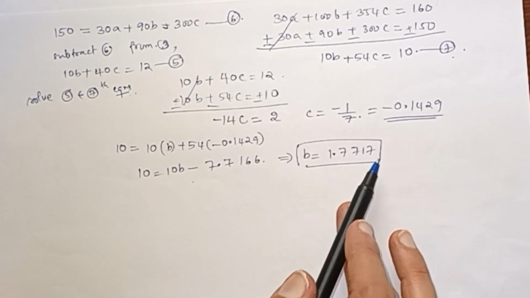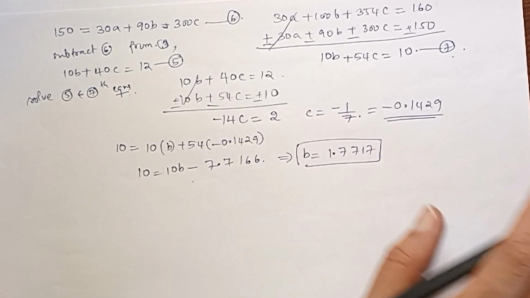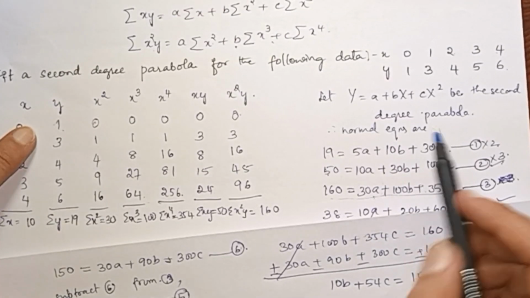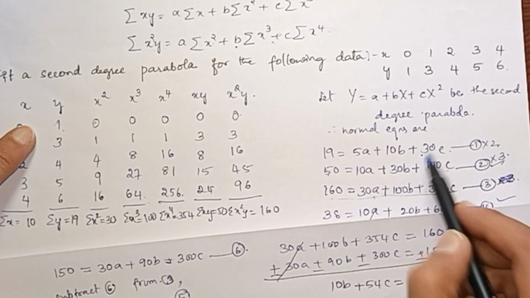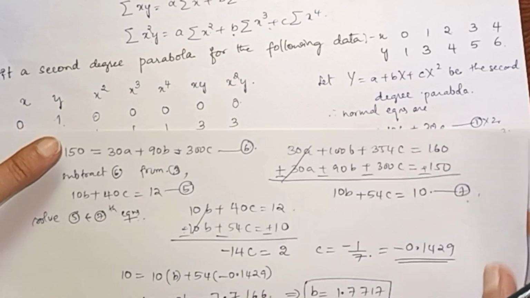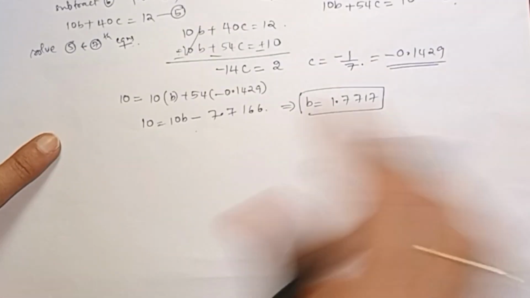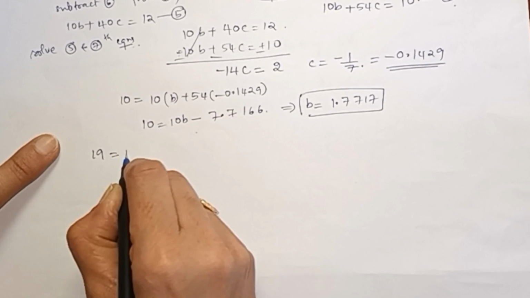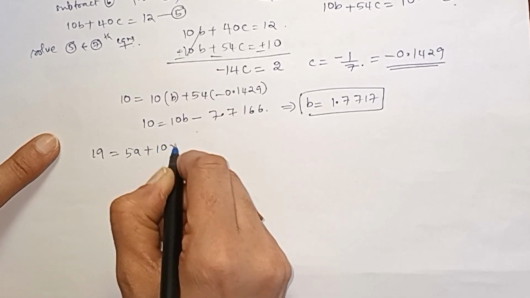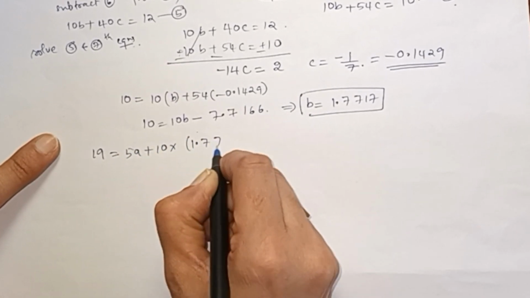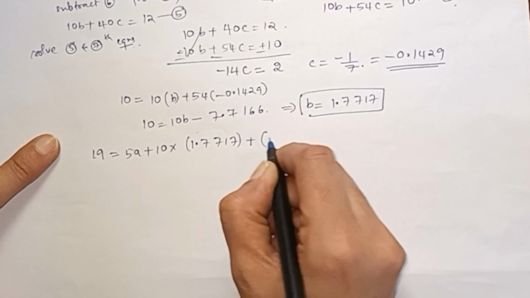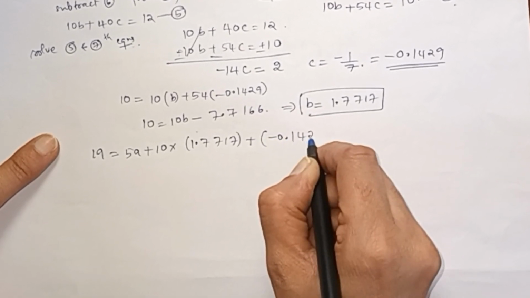Now substituting b and c in the earlier equations, you can take the first equation. So I will write here 19 equal to 5a plus 10 into 1.7717 plus 30 into minus 0.1429.